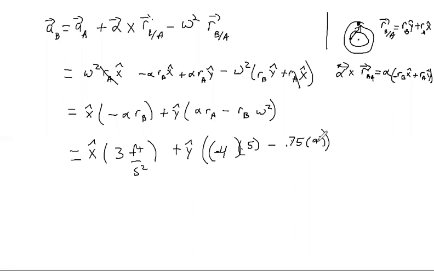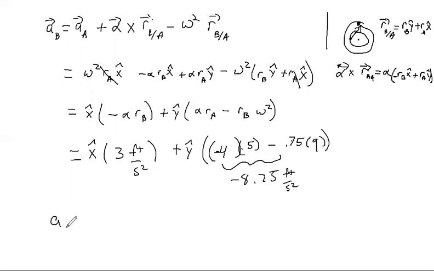This is a 9, not an A. It was omega squared, and omega was 3. Let's try that again. There you go. This gives me negative 8.75. It'd be feet per second squared.